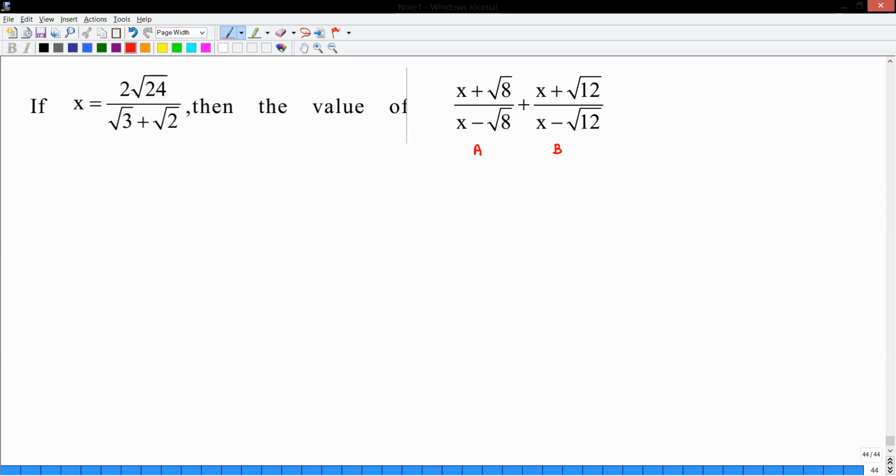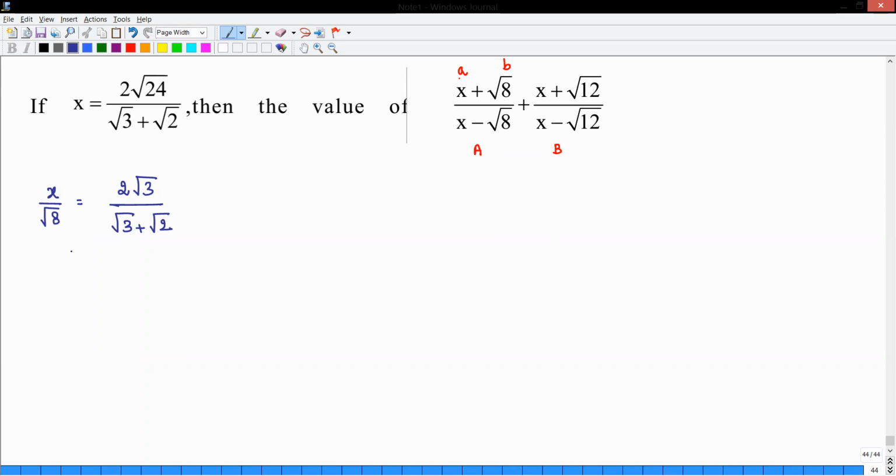So in order to get a plus b by a minus b, first you need to have a by b. So if I take it as a, then this is b. I need to get a by b, which means I need to get x by root 8. So what is x by root 8 from this? I would say x by root 8 dividing root 24 by root 8 gives me root 3. So 2 root 3 by root 3 plus root 2.